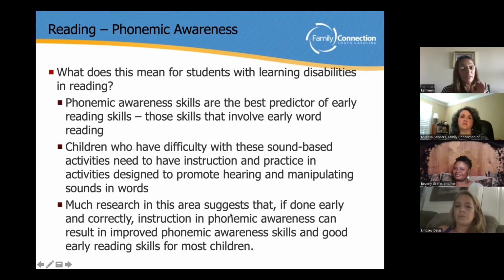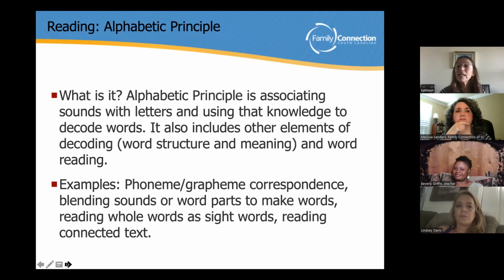Much research, and this is very important, suggests that if done early and correctly, instruction in phonemic awareness improves phonemic awareness skills, and therefore improves early reading skills. If they learn the sounds first and can identify sounds, then it's easier for these kids to attach the letters to them, okay? It's a giant jigsaw puzzle, okay?